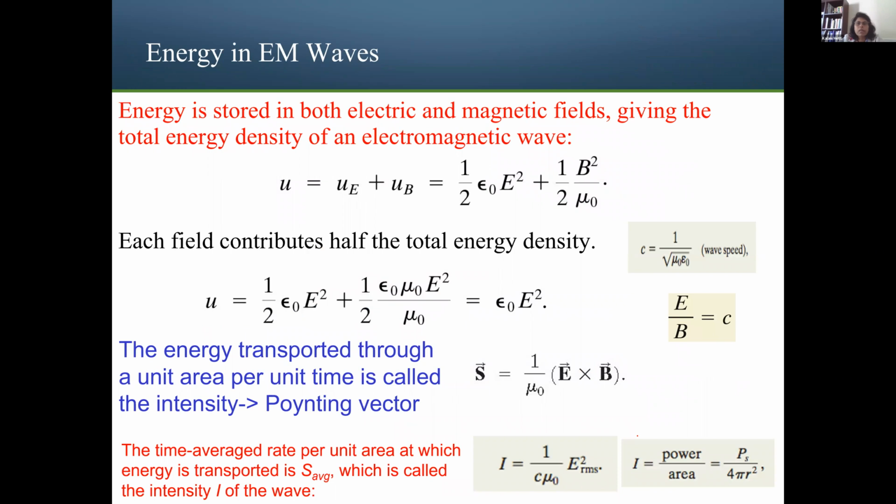Okay, so electromagnetic waves should have energy, because of the electric field and because of the magnetic field. I will not derive any of those equations. From the electric wave, the energy density can be calculated using this equation. Epsilon naught is the permittivity, E is the electric field.